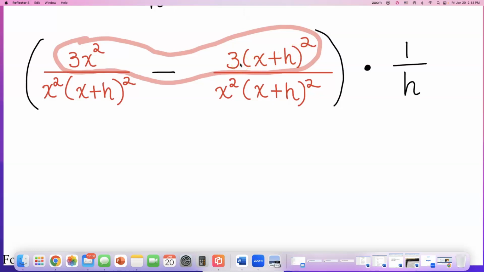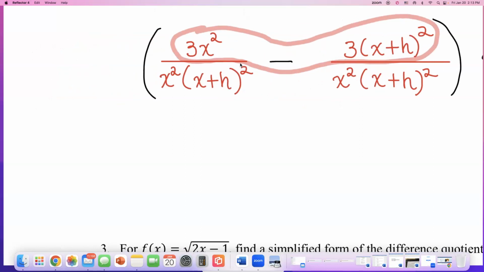So that's going to be some work on the side. I'll do the work on the side over here. So I have to do 3x squared minus 3 times x plus h times x plus h, right? What I wrote down over here is what I circled on the numerator. Let us FOIL.